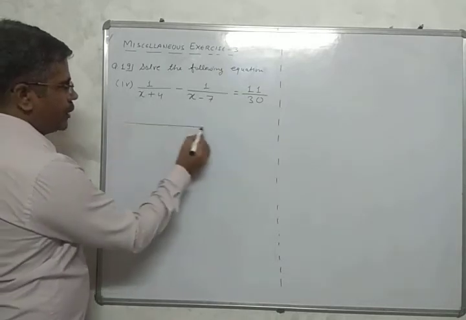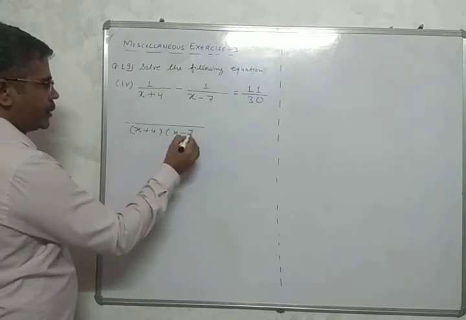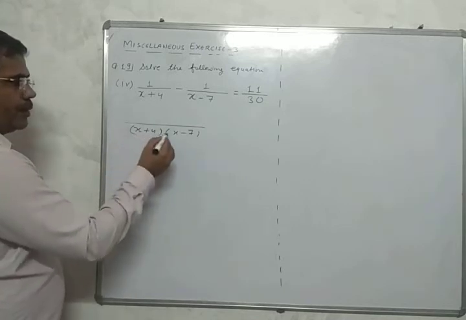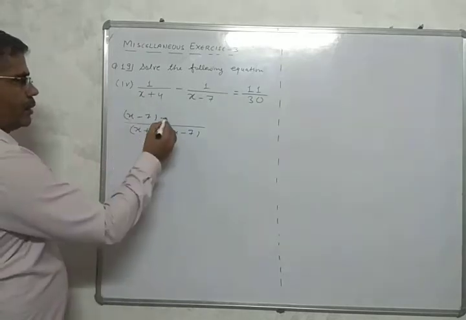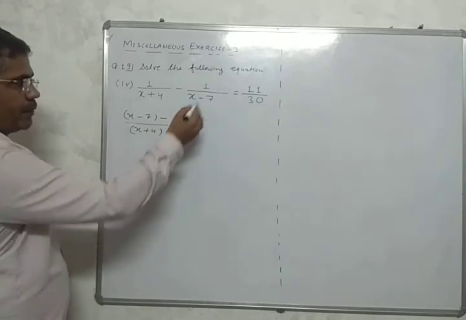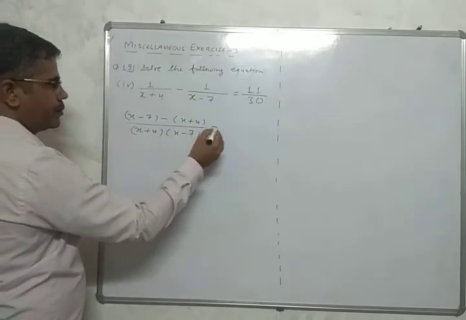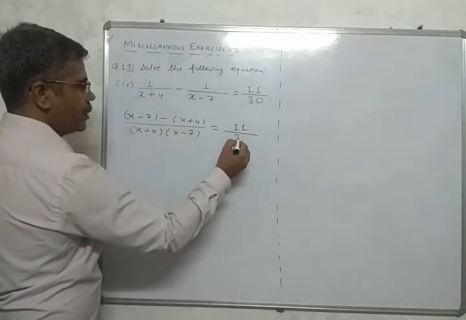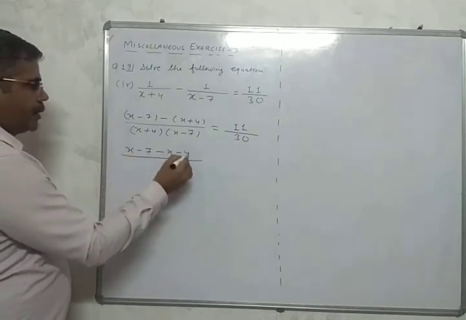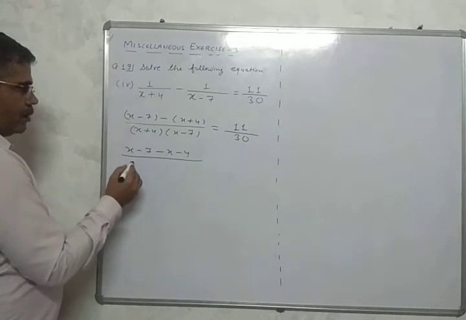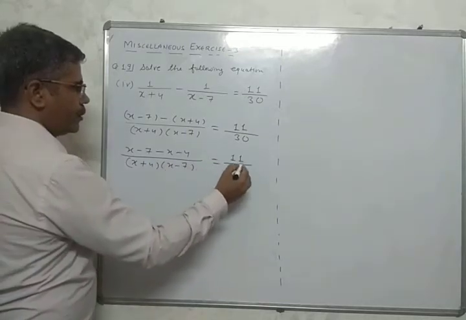Fourth part of 19th question. We take LCM of denominators x plus 4 and x minus 7. x plus 4 into x minus 7 divided by x plus 4, we have x minus 7, minus x plus 4 into x minus 7 divided by x minus 7, we have x plus 4, and x plus 4 multiplied by 1, we have x plus 4, equals to 11 upon 30. x minus 7 minus x minus 4, upon x plus 4 into x minus 7 equals to 11 upon 30.